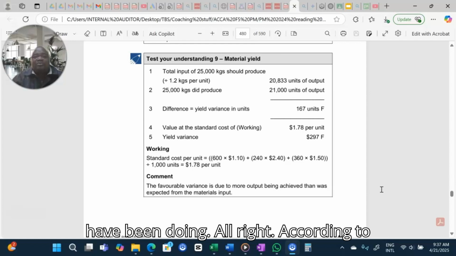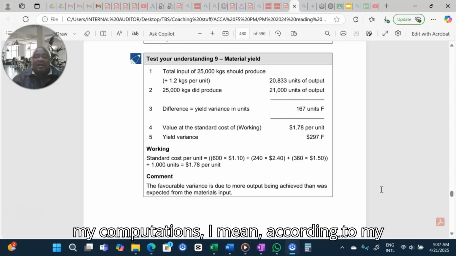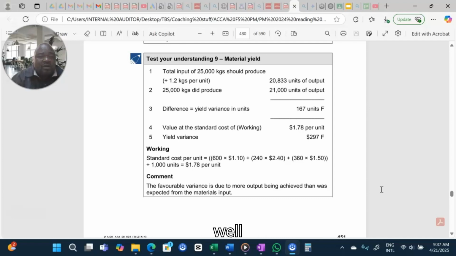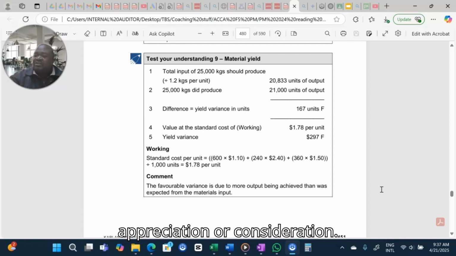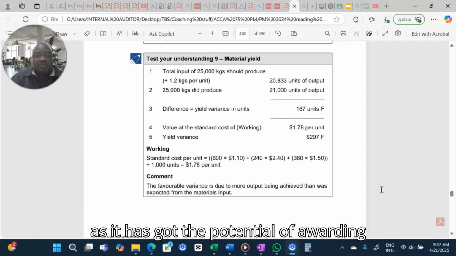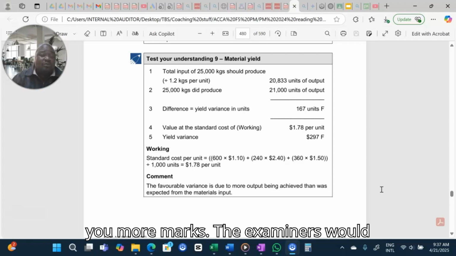All right, according to my computations, according to my view, I think a tabular format is worthful, should be given all the due appreciation or consideration, as it has got the potential of awarding you more marks.